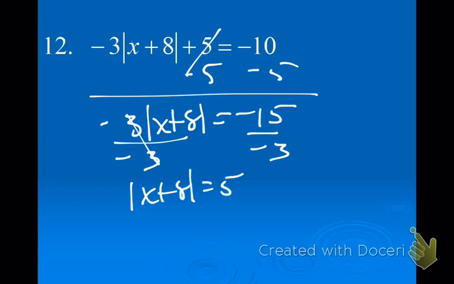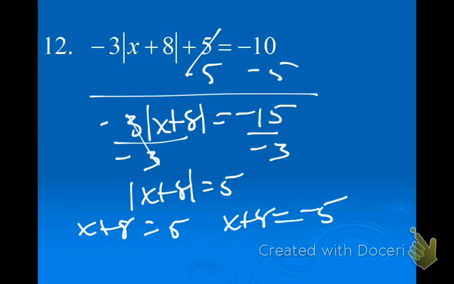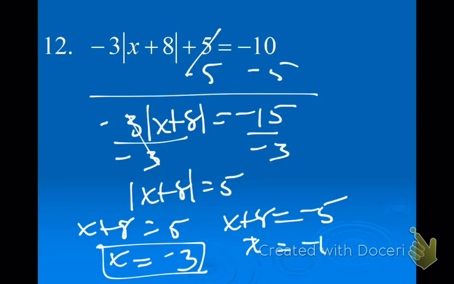Okay, now the bars are by themselves. We can split. Subtract 8 here, and you get negative 3. Subtract 8 here, and you get negative 13. Okay?